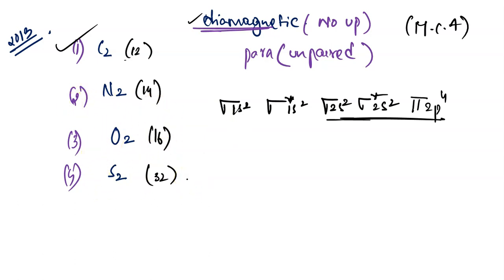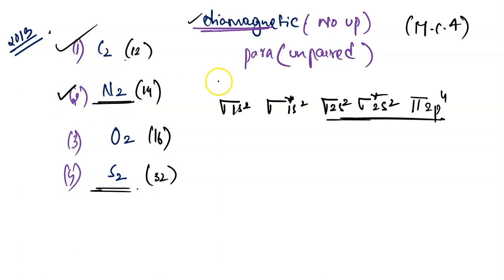When you write the configurations for them, you have to observe which one has unpaired electrons. If unpaired electrons, then it has paramagnetic behavior. So here C2 has all paired electrons, and hence this is diamagnetic. And very similarly, when you observe the electronic configuration of the remaining options also, you will see that N2 also has all paired electrons.